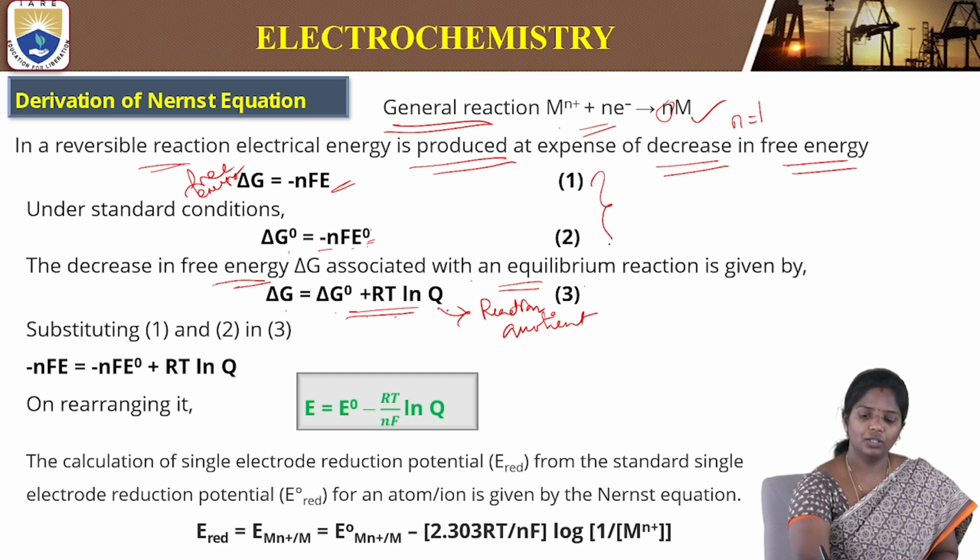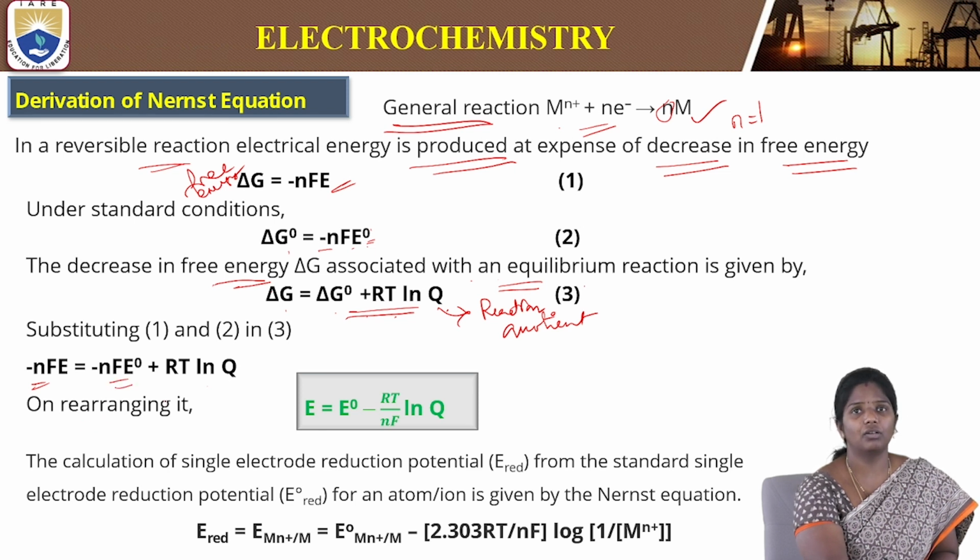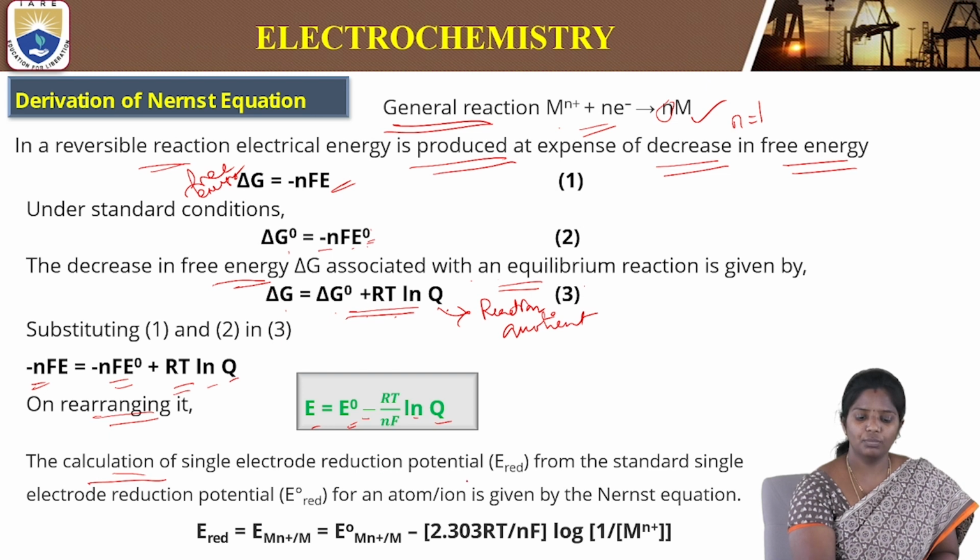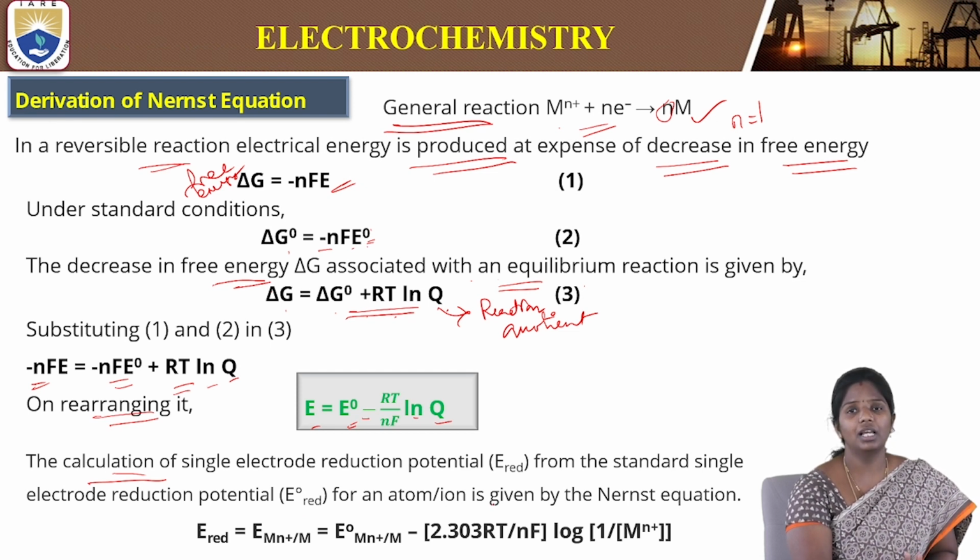So substituting 1 and 2 in 3 gives minus NFE is equal to minus NFE naught plus RT ln Q. On rearranging, the NF will cancel, so E is equal to E naught minus RT by NF ln Q. The calculation of single electrode reduction potentials from the standard electrode reduction potentials can be done using the Nernst equation.